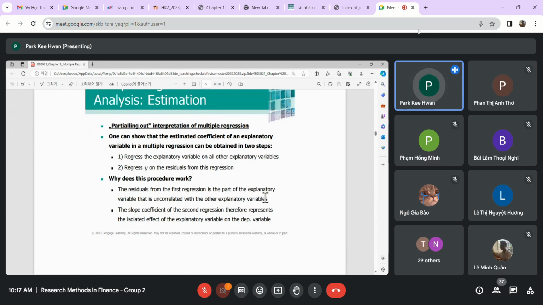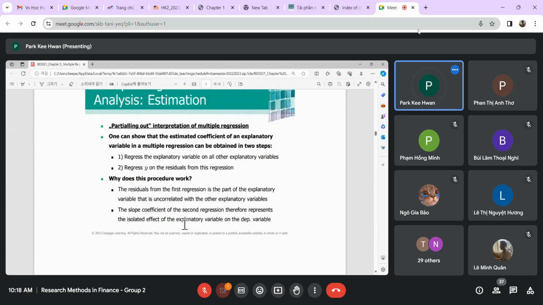Then you regress y on the residual. The slope coefficient of the second regression, which regresses y on the residual, represents the separate, isolated effect of the explanatory variable on the dependent variable.